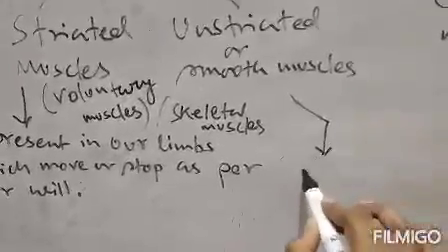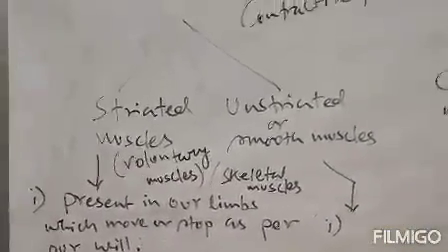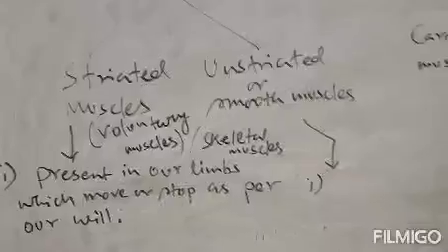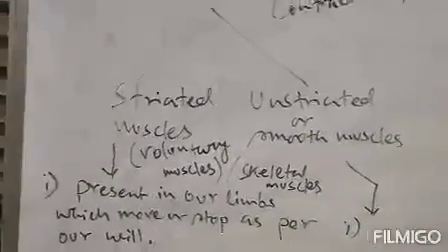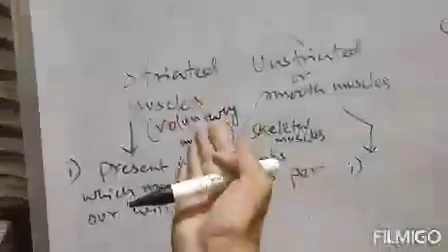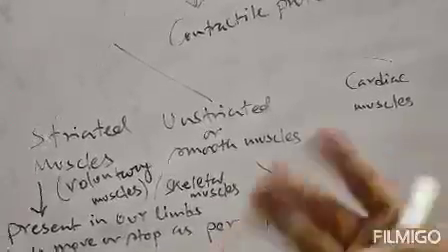Coming to unstriated or smooth muscles: the muscles which we cannot move as per our will are known as unstriated or smooth muscles. Striated muscles we can move as per our will, and unstriated means those muscles which we cannot move as per our will.